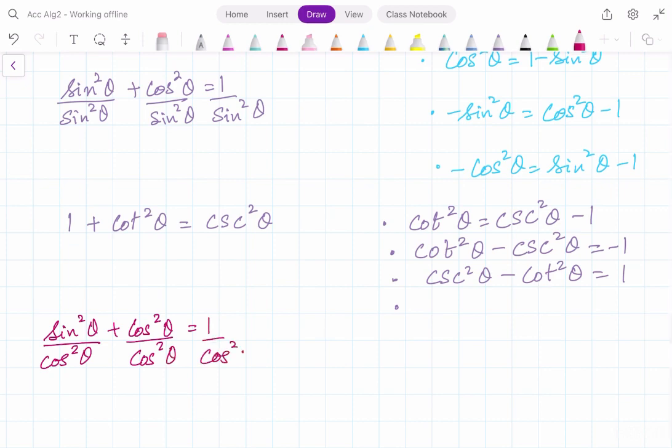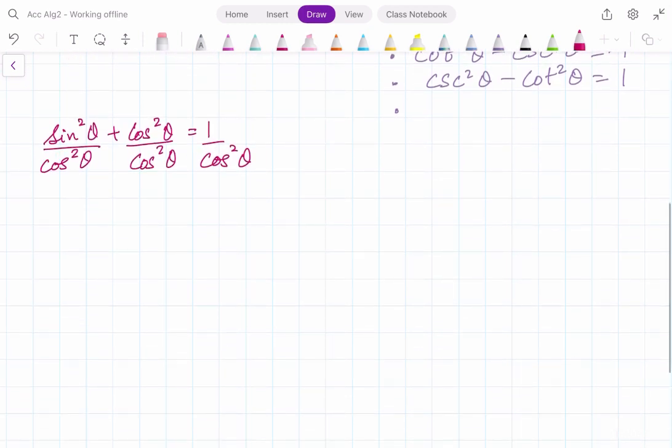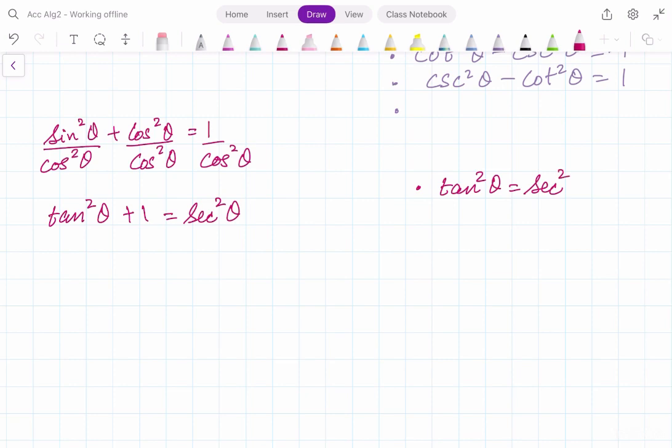Sine over cos is tangent squared theta, and then cos and cos will cancel out, that is plus 1, and 1 over cos is secant squared theta. So we derived another identity, tangent squared theta plus 1 is equal to secant squared theta, and with this identity, we will have another set of identities just by manipulating it.